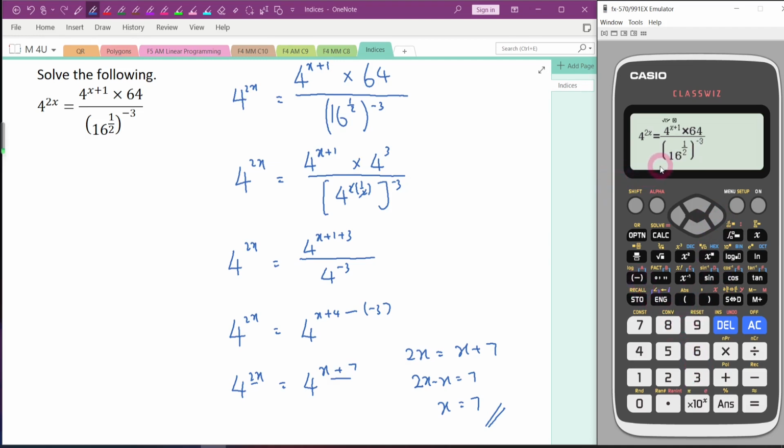Now I'm going to ask our calculator to help me check the answer, solve for us. Shift solve.